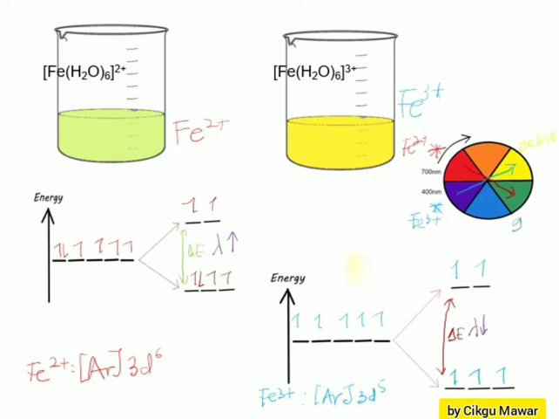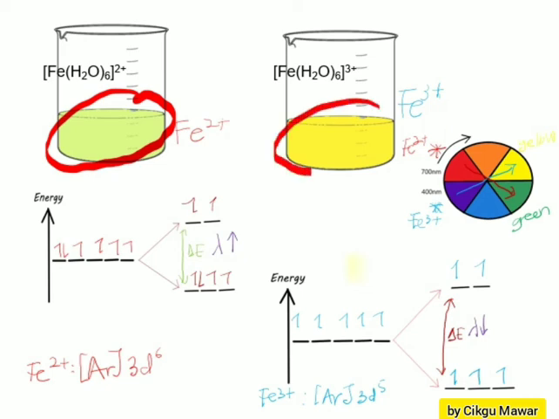So that's why the iron 2 plus ion complex will appear green, while iron 3 plus will appear yellow. The difference in oxidation state produces a different energy difference, which contributes to the different color.